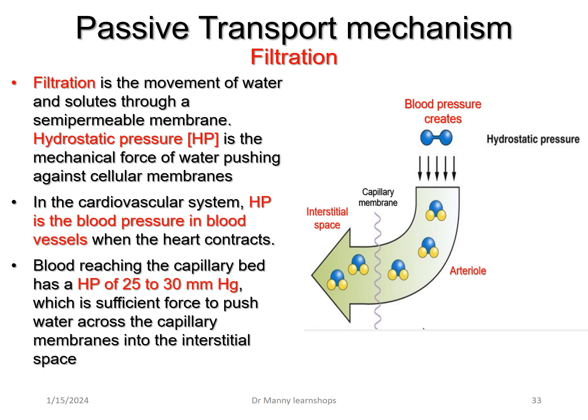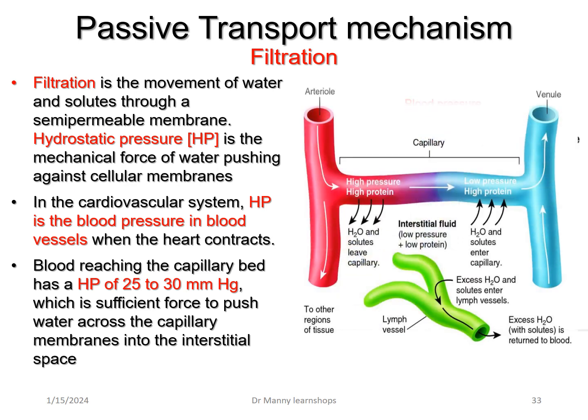For example, in the cardiovascular system, hydrostatic pressure is the blood pressure in the blood vessels when the heart contracts. When the blood eventually reaches the capillary bed, there's a hydrostatic pressure of approximately 25 to 30 millimeters of mercury, which is a sufficient force to push water across the capillary membranes into the interstitial space.